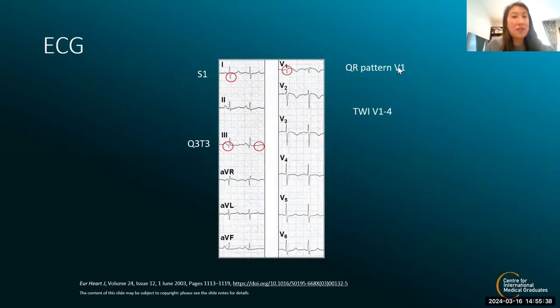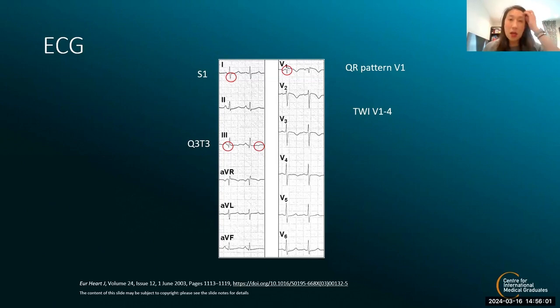Okay, and this is the ECG. I don't know if you've heard of the S1, Q3, T3 signs in an ECG in terms of PE. Now, the most common finding on ECG in PE is actually sinus tachycardia. You get S1, Q3, T3 if you have signs of right heart strain.